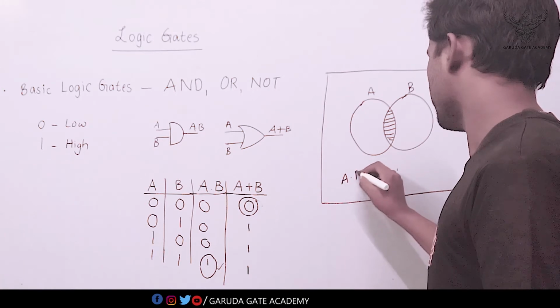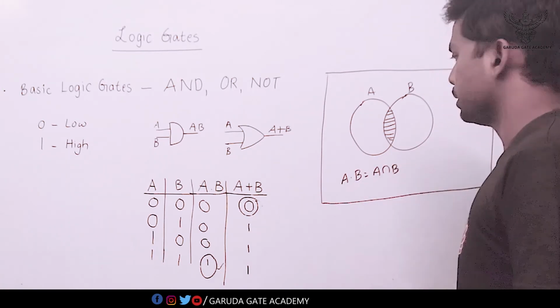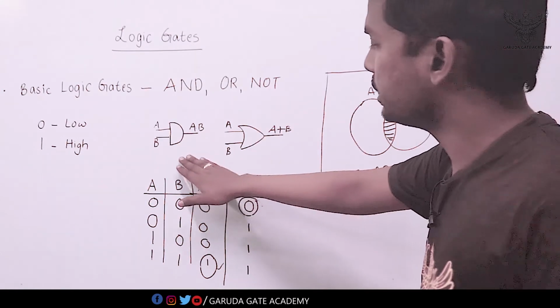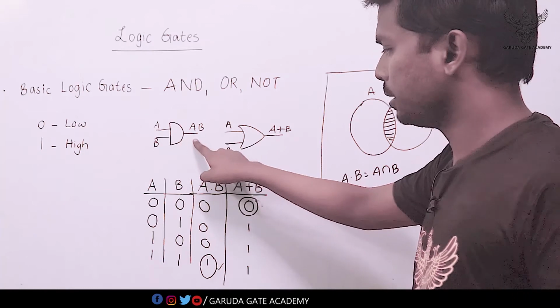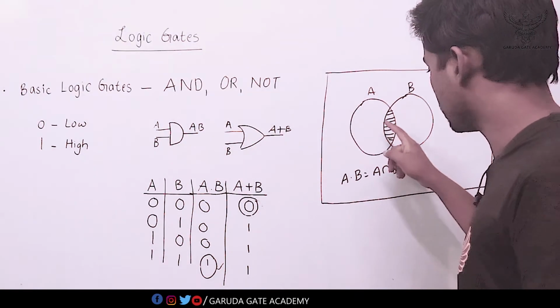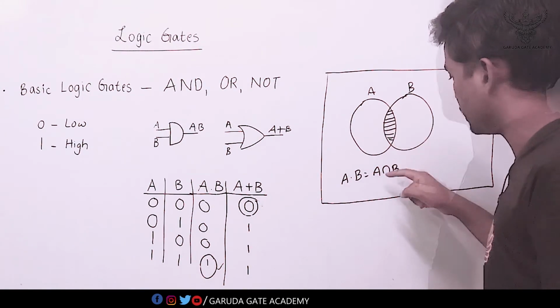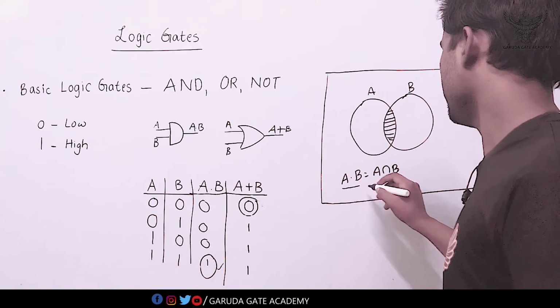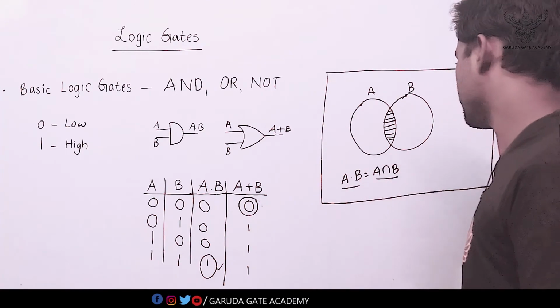A and B can also be represented as A intersection B, because here the condition is if A is 1 and B is 1, then the output is 1. And here also the condition is A should be present and B should be present. That is why A and B will be equivalent to A intersection B.